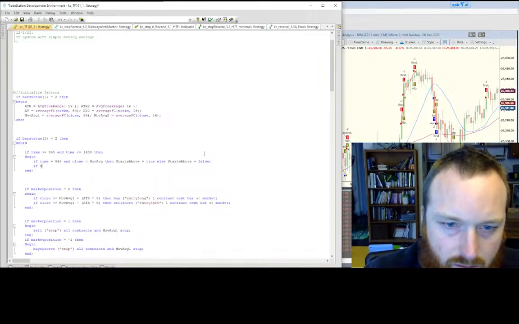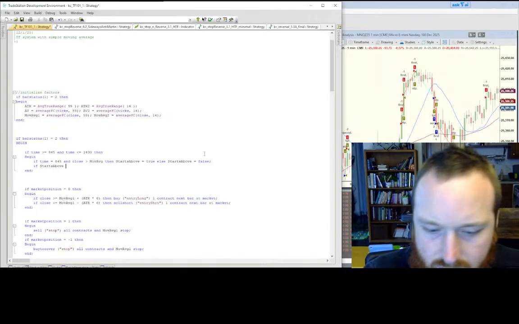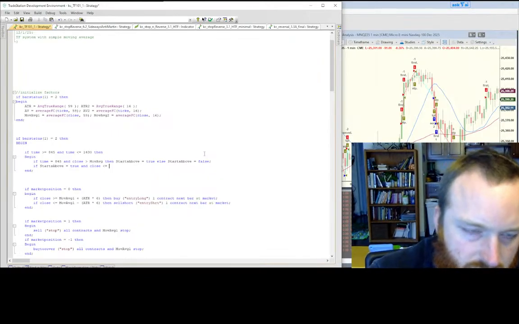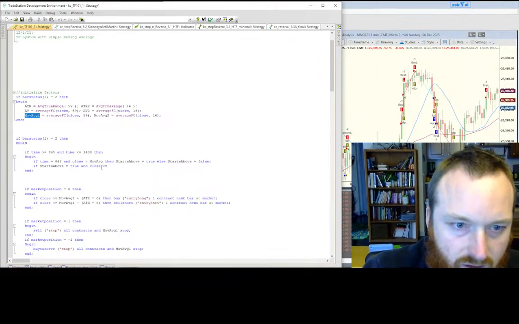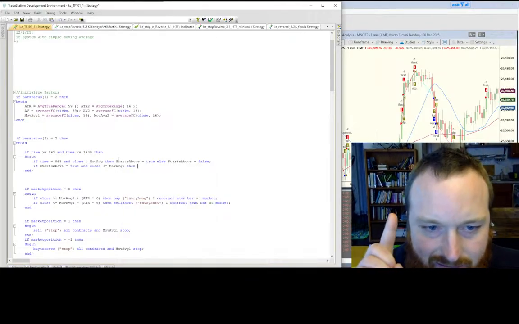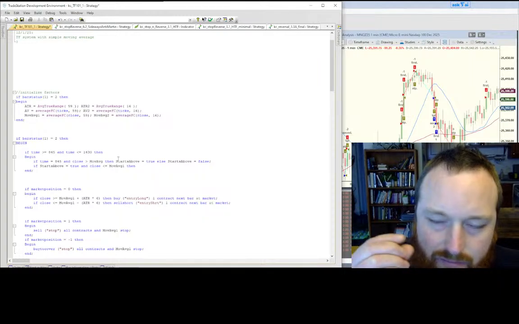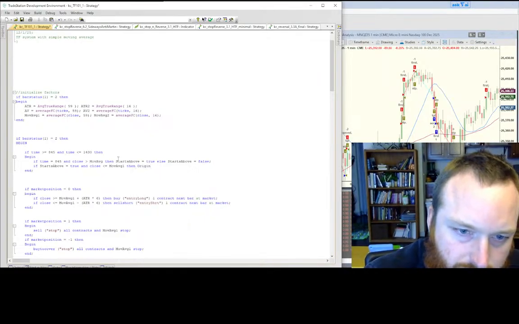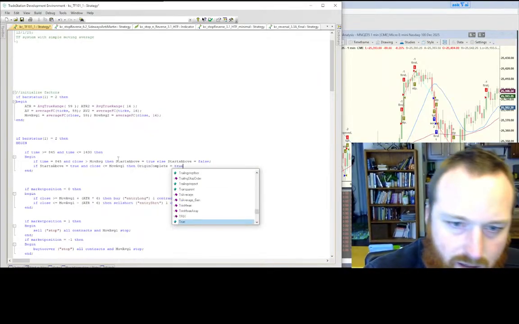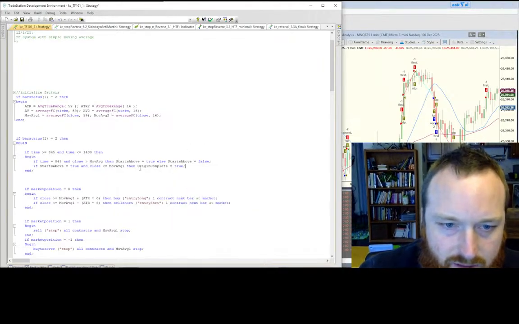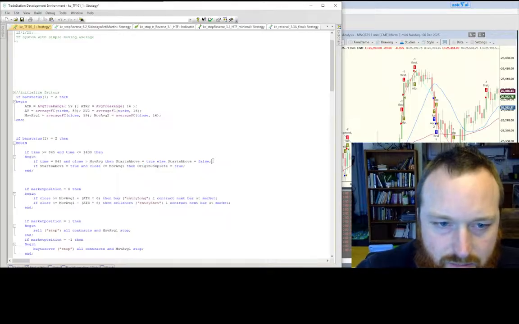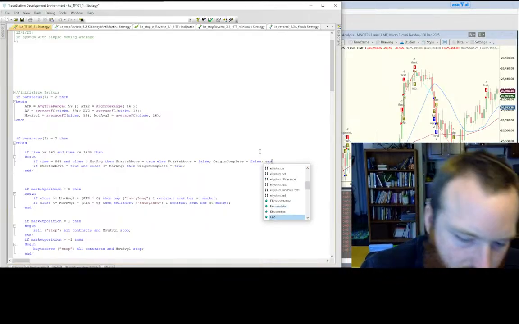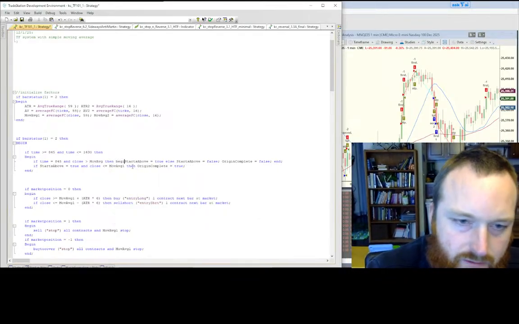Now, if starts above is equal to true and close is below or equal to the moving average, then origin complete is equal to true. We just make up our own names for this. All the variables you can make up your own. So it's whatever. So that's what we're doing.